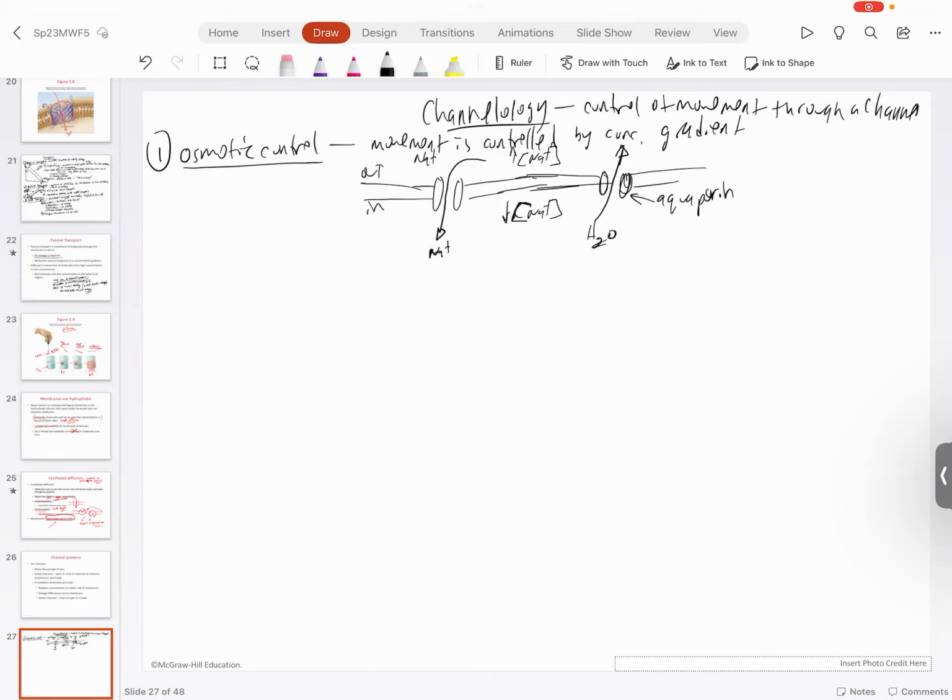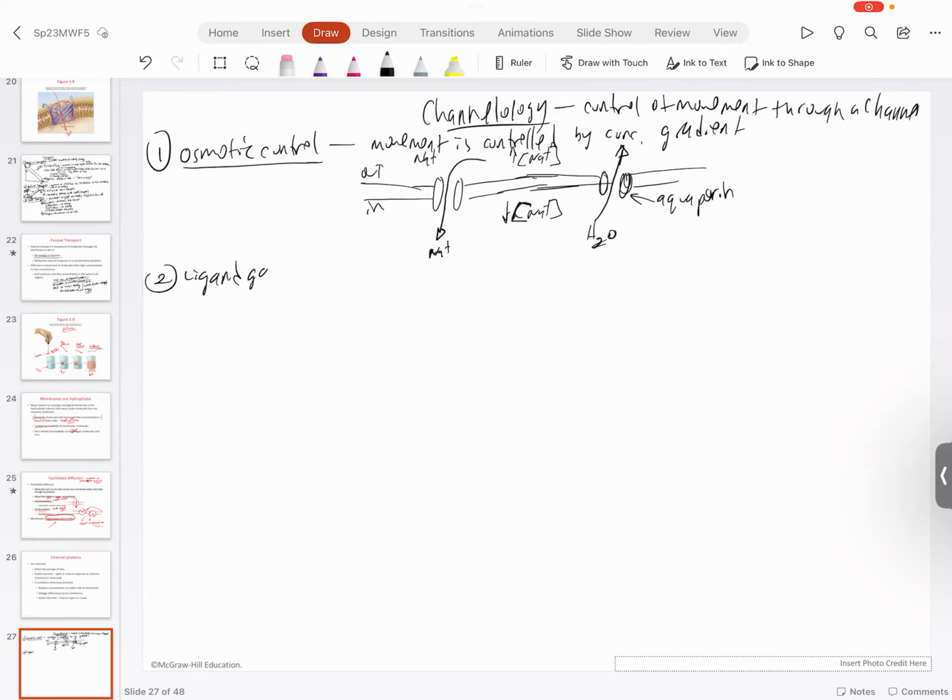So how do we get water to move in versus out? It's very simple. All we do is move the salt around. We already know that salt sucks. Wherever we move that salt pile, it's going to suck water toward it. All we need to do is let water have free access to go right through those channels in response to whatever that osmotic control is. Okay, so that's how we use water.